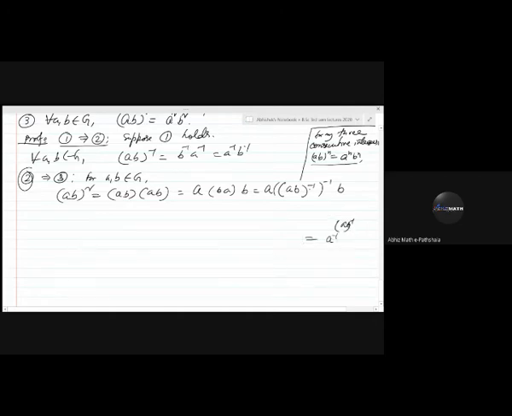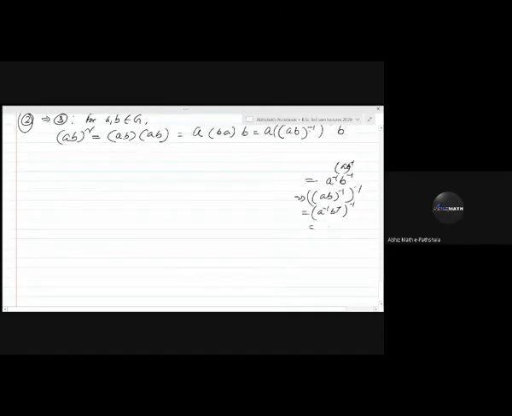Now if you take another inverse, it will be (a inverse b inverse) inverse. So that means it is inverse of b inverse and inverse of a inverse. So inverse of (ab) inverse is ba.